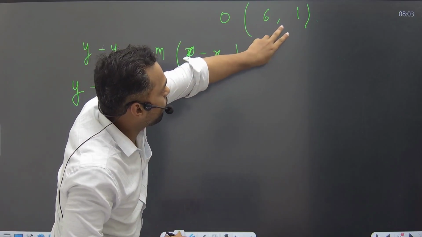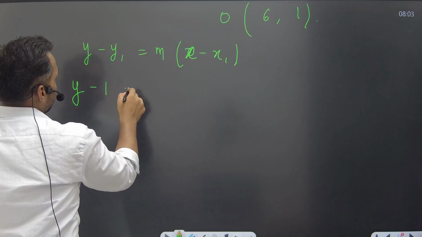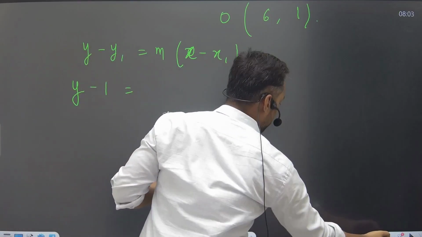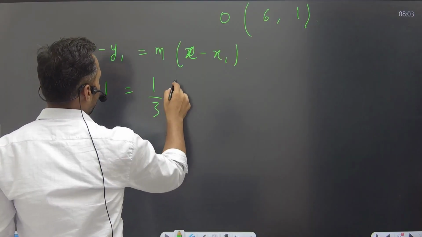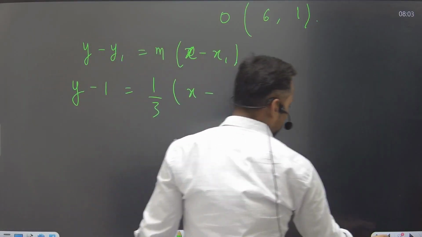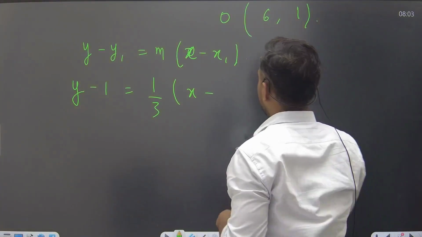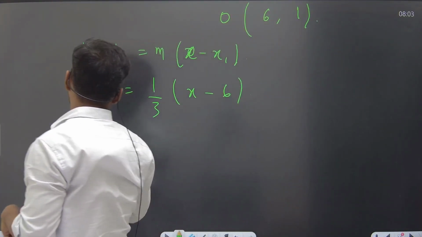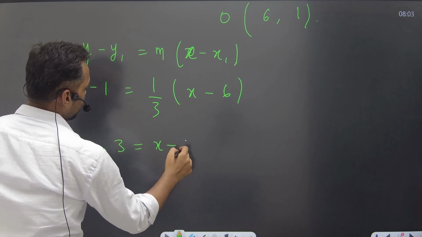The ordinate of O is 1, the slope we have calculated for this line is 1 by 3, and x1 is 6. Cross multiplying, 3y minus 3 is equal to x minus 6.